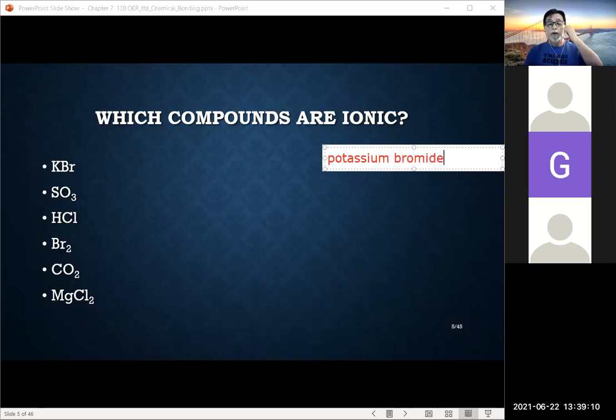Now, next question would be, is potassium bromide ionic? It would be yes or no. And that is correct, Haley. It is ionic, and we know it's ionic because we know the potassium is a metal, and we know the bromide is a nonmetal. Hence, we have an ionic compound.